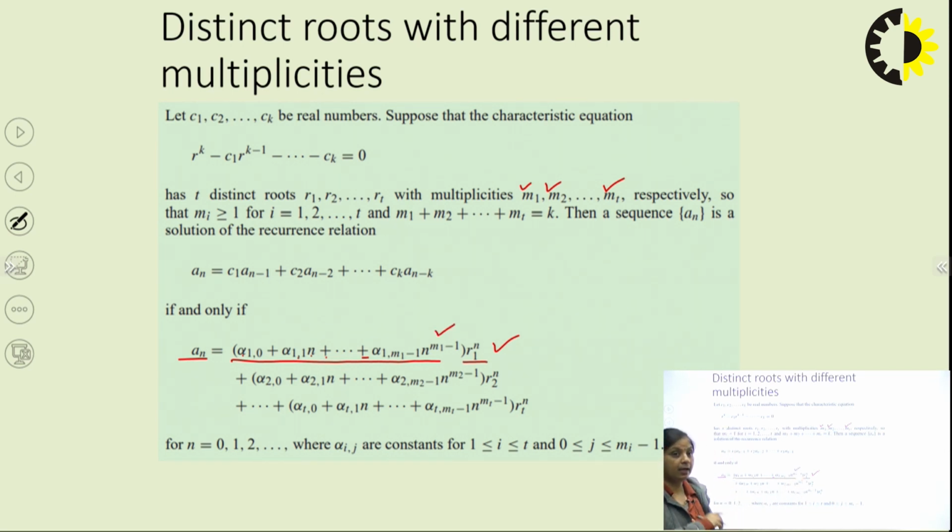As we saw on the last slide, that root was occurring 2 times, and we took the multiplicity up to n, that is 1 plus n. So in this case we will take up to m1 minus 1. In the same way r2 is occurring m2 times, so it will be up to m2 minus 1, and so on. This is for the case where we are having multiple roots with distinct multiplicities.